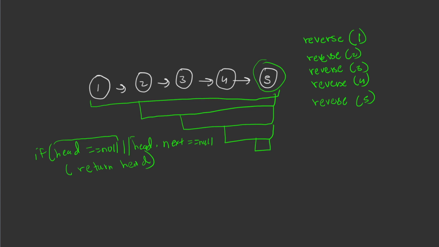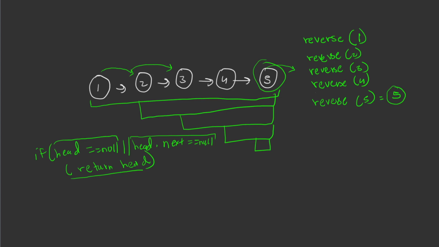And then we're checking head.next equals null because, as I talked about before, we're going to be essentially calling the reverse function on the next node, right? When you're on 1, you'll do head.next of 2, and so on and so forth. So when you're at 5 and head.next equals null, you'll reach the base condition and you'll just return 5. So this reverse 5 will actually return the node 5. Okay, that's important to remember.